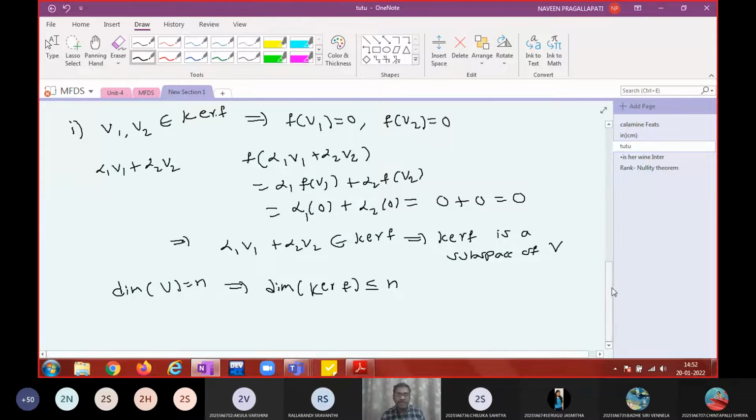the kernel of f is a subspace, and the dimension of the kernel of f is called nullity. A subspace will have a dimension, and that dimension is called nullity. So the nullity of f is less than or equal to n.